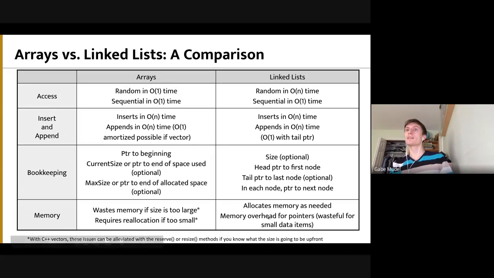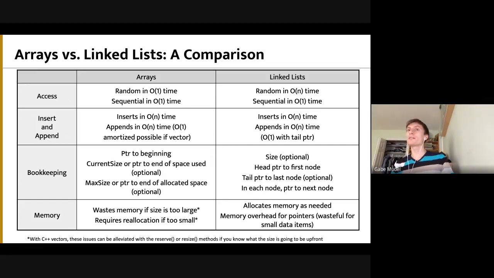A linked list allocates memory as needed. So that's a good thing about it, right? If you add a new element, all you have to do is create that pointer and put it into the list, which sounds good, but there's also a big issue if we're storing a linked list of, let's say, integers. That's because we have this memory overhead for every pointer.